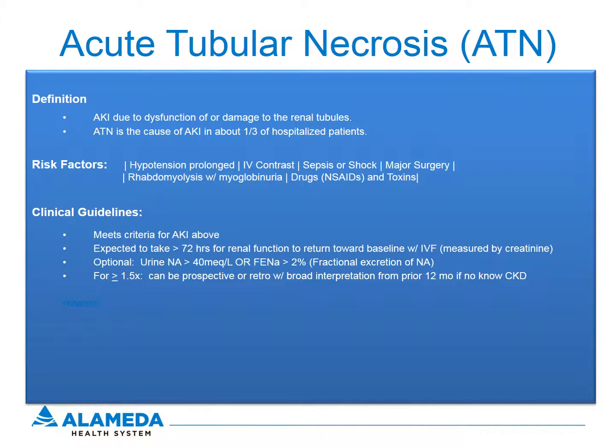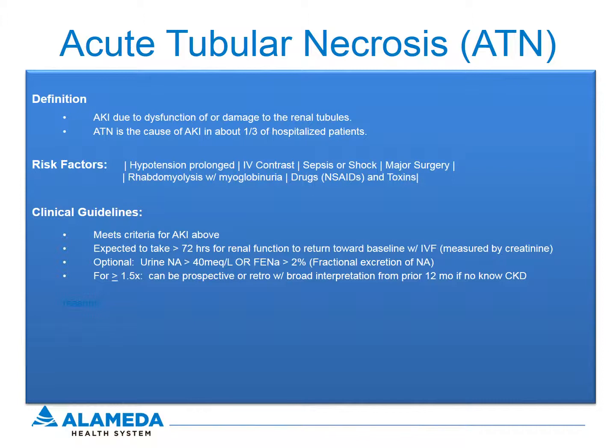What are the clinical guidelines to write the diagnosis for ATN? One, that it meets the criteria for AKI, because the patient must have AKI to have ATN. Two, that it's expected to take greater than 72 hours for renal function to return to the baseline when you're giving them IV fluids, which is measured by the creatinine level.